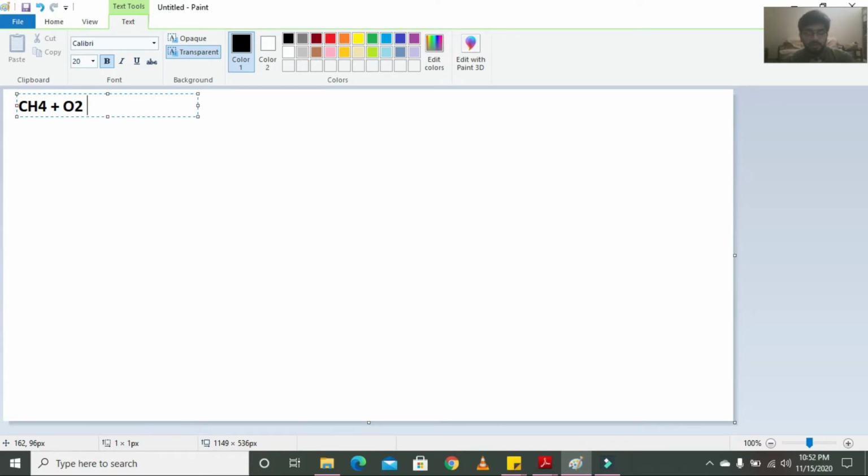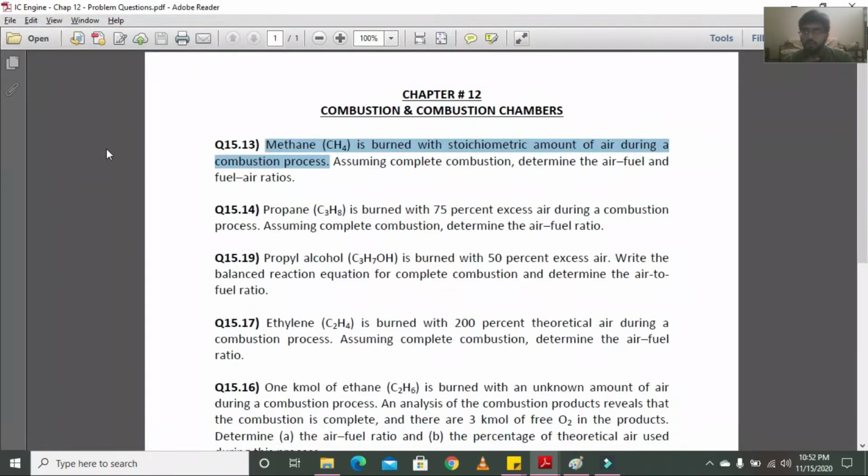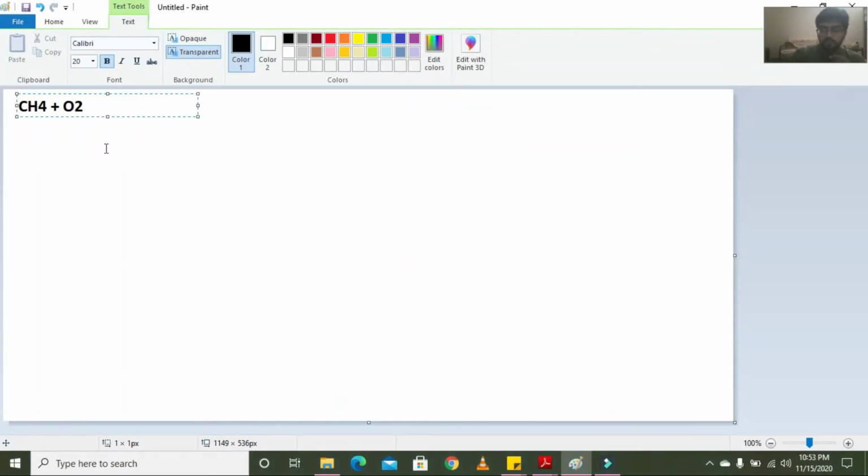In fact, instead of using just oxygen, I will use air here like this. This is the amount of air, and let me just complete this equation first, and I will further explain this part.